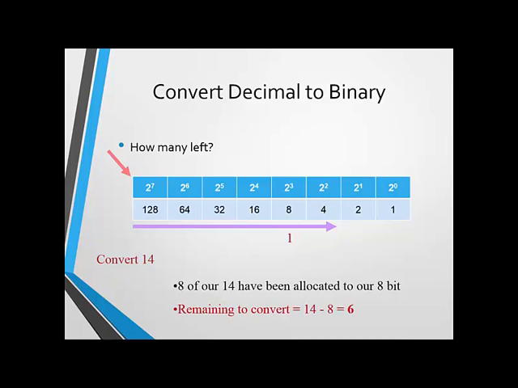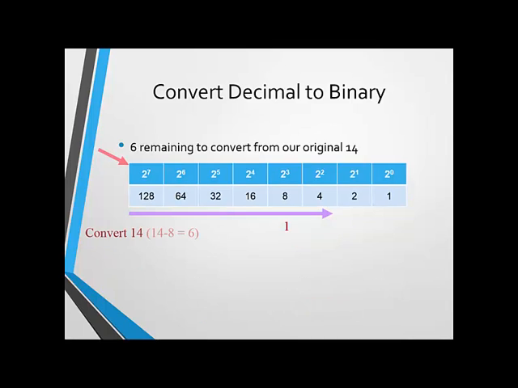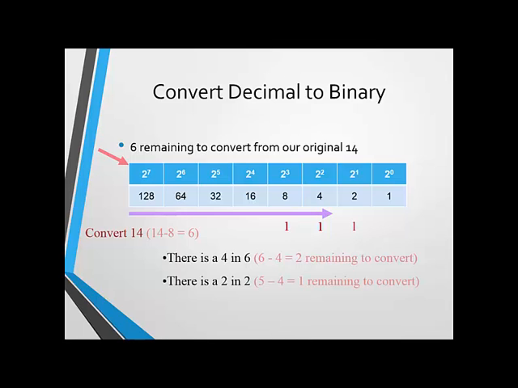So I have 6 remaining to convert. There is a 4 in 6, so I will turn on my 4-bit. 6 minus 4 equals 2 remaining to convert. There is a 2 in 2, so I will turn on my 2-bit, leaving me none to convert.